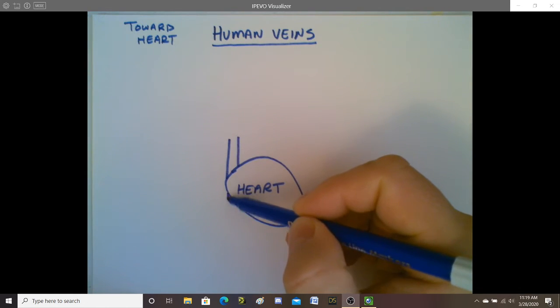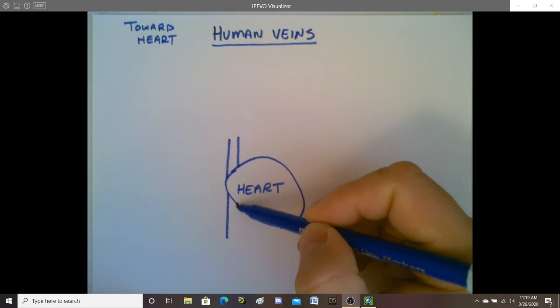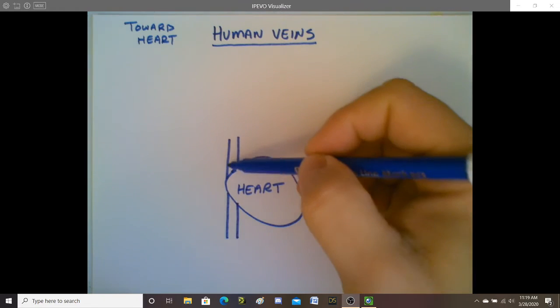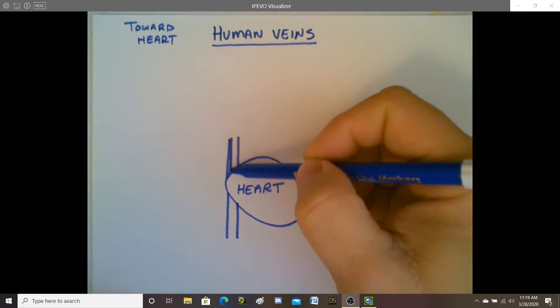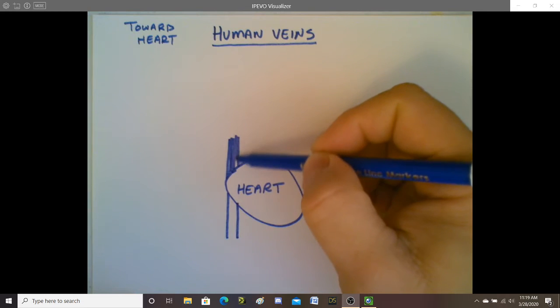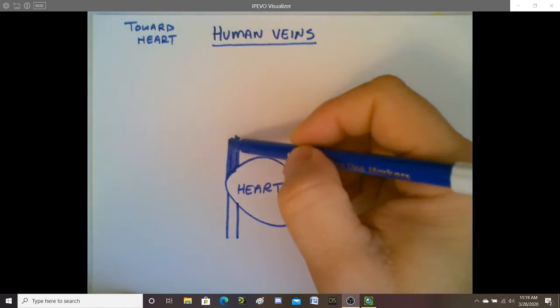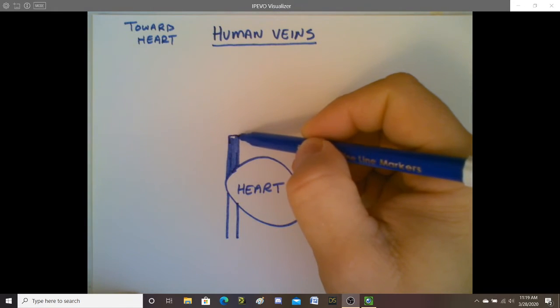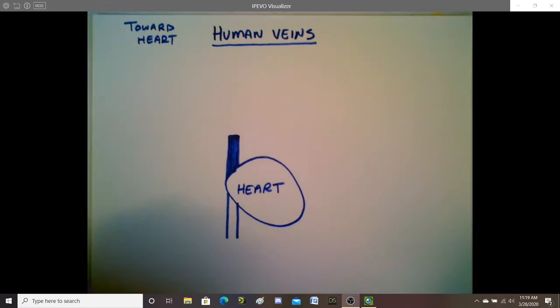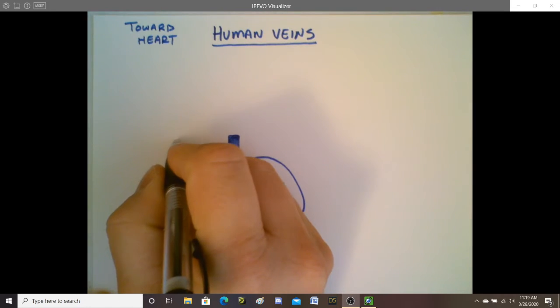So I'm going to go ahead and draw these two. And they are the Vena Cavas. So above, we've got the superior Vena Cava that I just colored in. Alright, so this blood vessel going to the heart from the top is the superior Vena Cava.